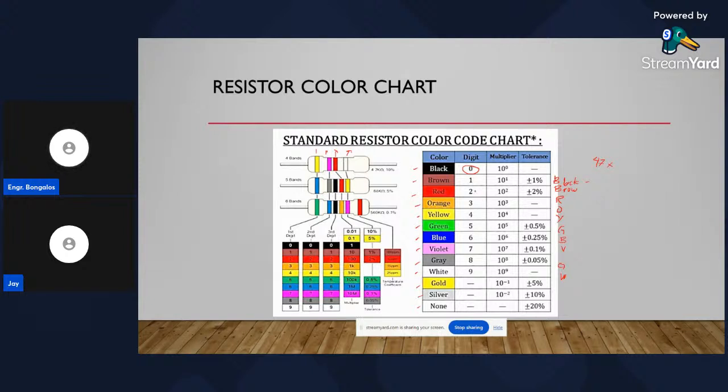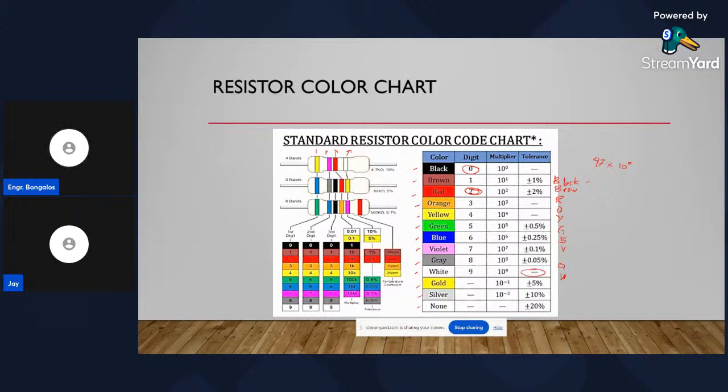So 'di ba yung red is 2 kung digit siya. Pero 'pag multiplier, tandaan niyo na lang para hindi tayo mahirapan, kung ano yung digit, yan yung magiging exponent natin. So times 10 raised to 2, tapos yung tolerance natin which is white. So dito sa case na 'to, white, ibig sabihin wala siyang tolerance.